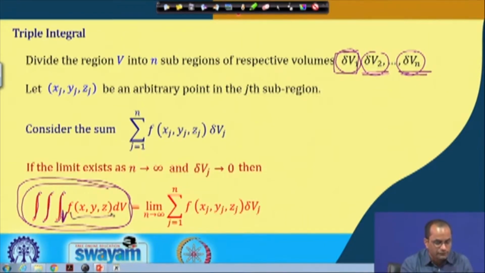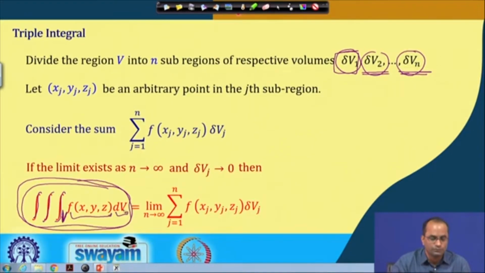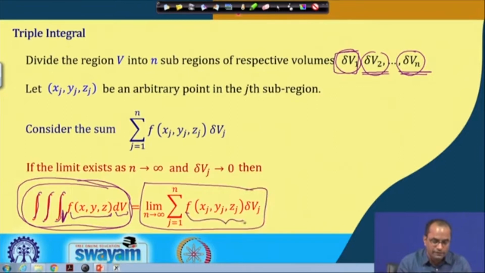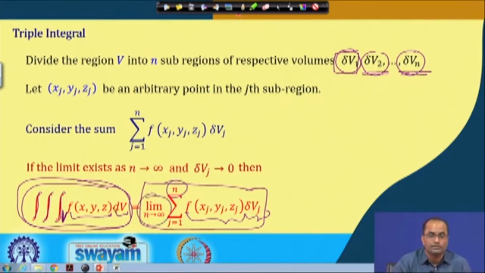Then we have the function f of x, y, z integrated over that volume, and the definition comes again from the sum when we have added f with this delta V j, and at the end taking this limit as n approaches infinity.